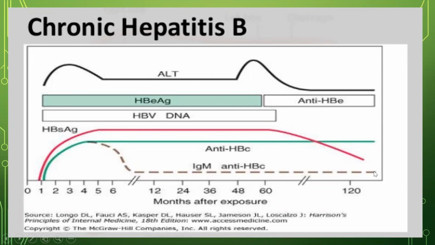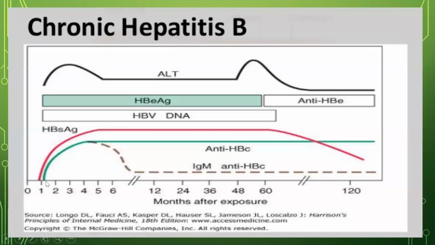Immunoglobulin M represents the acute phases of infection, hepatitis B or others. They will be high, but they do not appear from the first several months of infection.